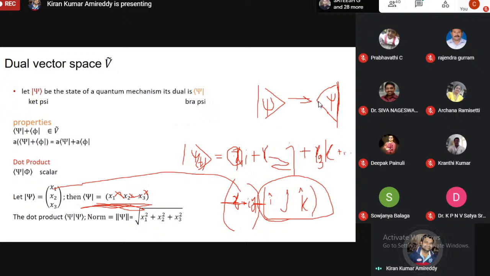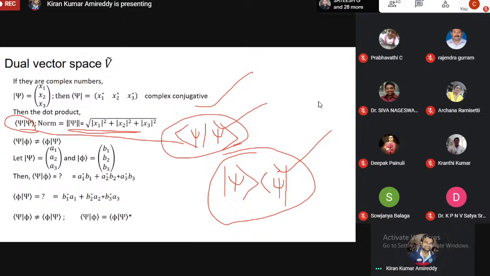So that will give that mod value. That means that can give the real value of that one. So finally we'll end up with this one, a scalar with a real number.